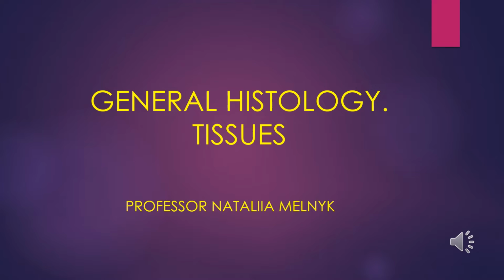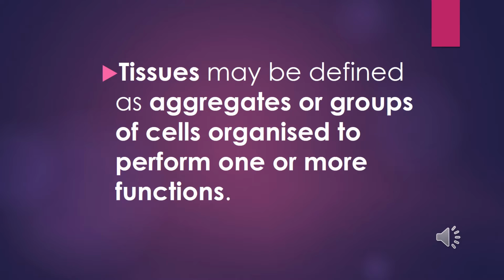Dear students, this is a lecture about connective tissues, and we first start by repeating general histology, about types of tissues. Tissues may be defined as aggregates or groups of cells organized to perform one or more functions.